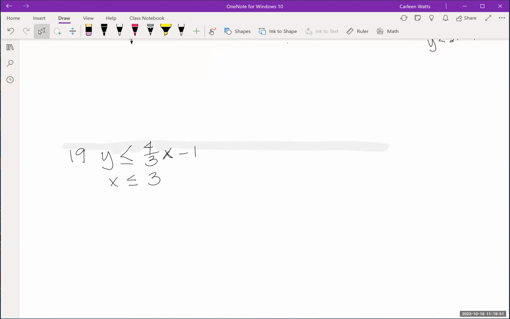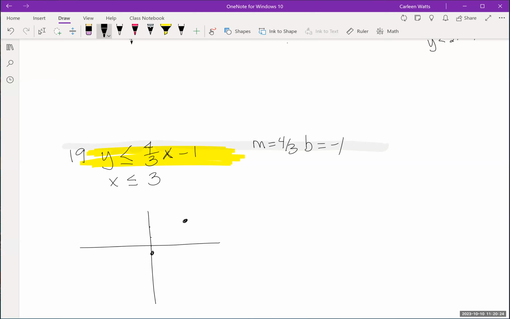So let's graph. Starting with this one. So M is four thirds, B is -1. Wow, B is always -1. That's not true, but it has been today. 2, 3, 4.